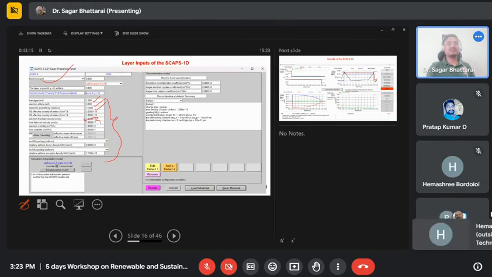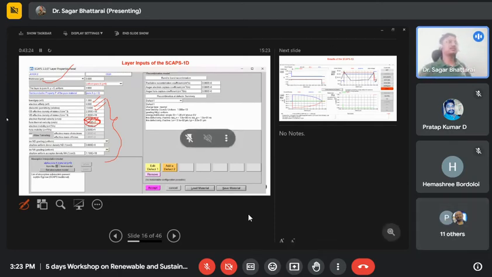Just remember these values we are keeping the same, because they will not affect that much. But the primary concern related to efficiency increment or other factors are electron mobility, hole mobility, like that. These are taken from the previous experiment.